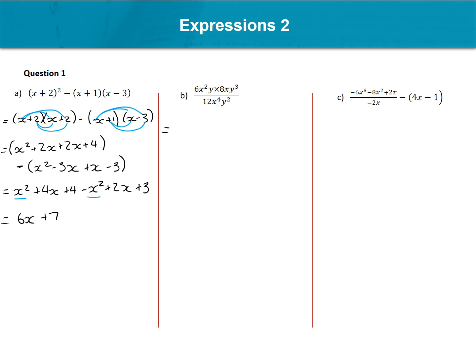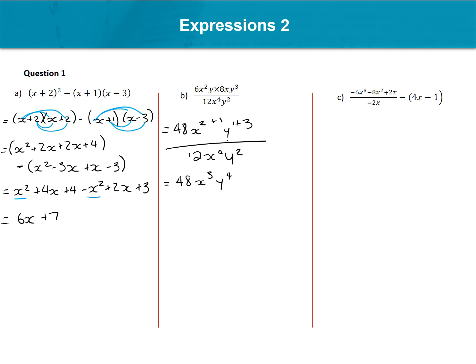So 6 times 8, you're left with 48. And then we have x to the 2 plus 1 and y to the 1 plus 3, all over 12x⁴y². So this is 48x³y⁴.